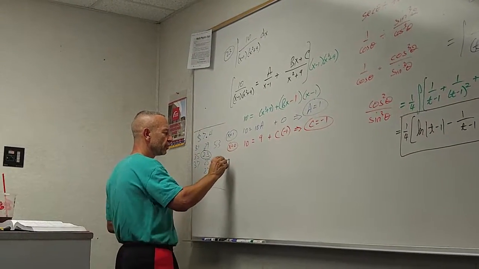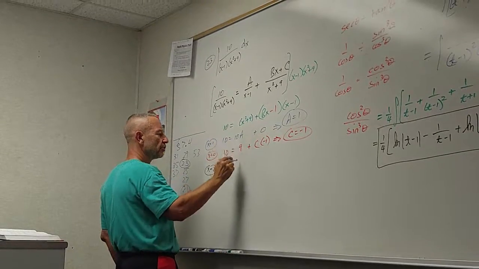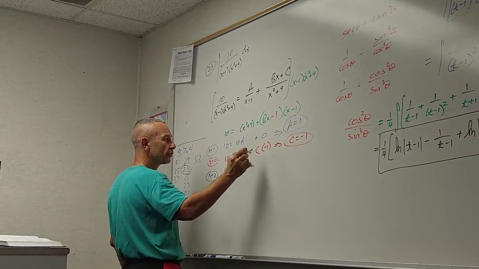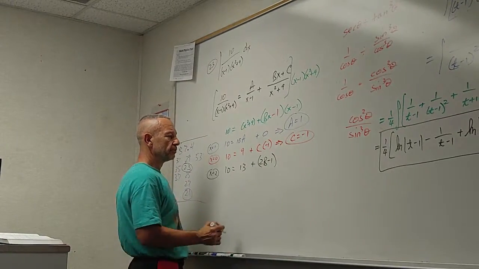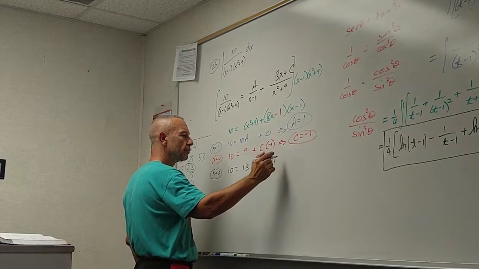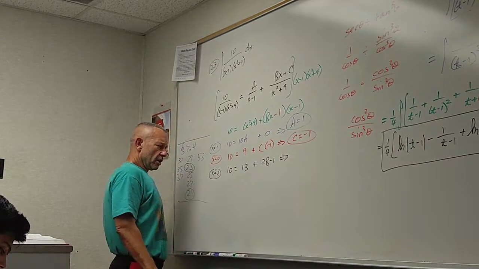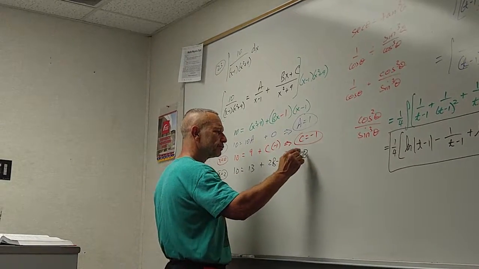So let's choose x equal 2. 10 equals 4 plus 9 is 13 plus 2b minus 1 times 1. So plus 2b minus 1. What's that? This is a 12 minus 2b, so b is a negative 1.